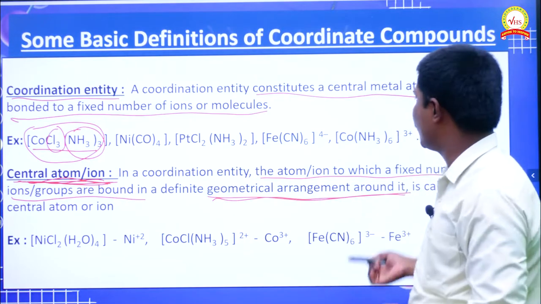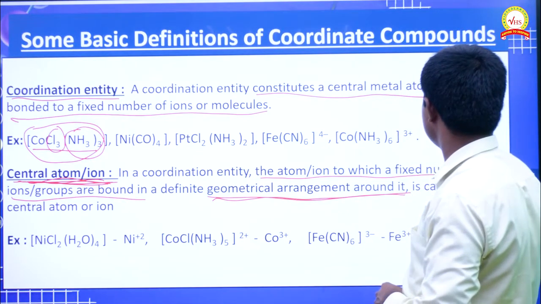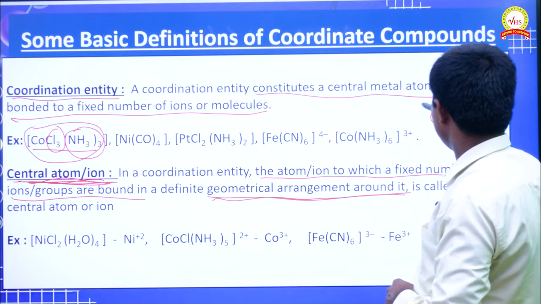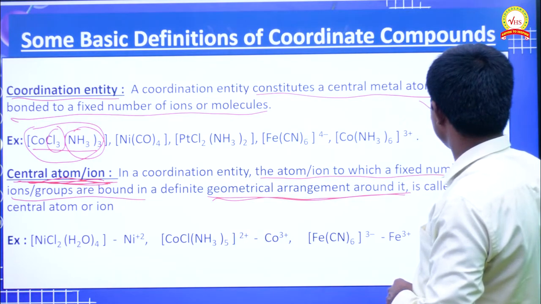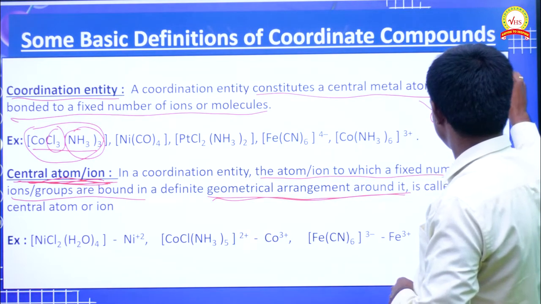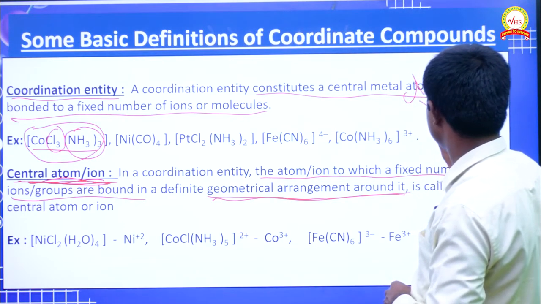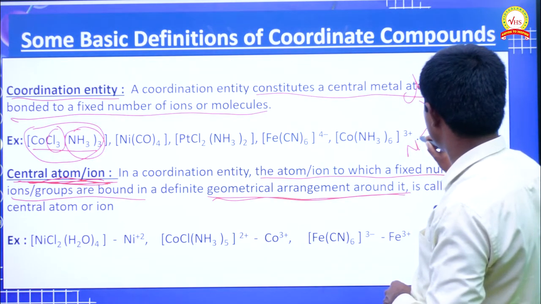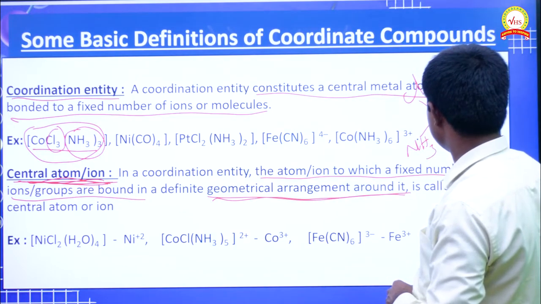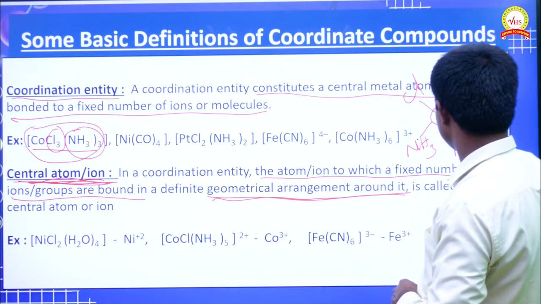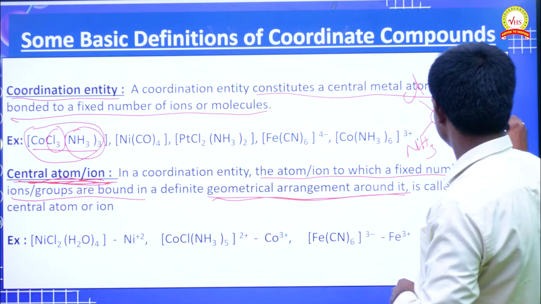For example, if I take the first one, cobalt: when chlorine binds with cobalt, 3 chlorines may approach like this, and 3 ammonia molecules approach like this, NH3, NH3 and NH3.